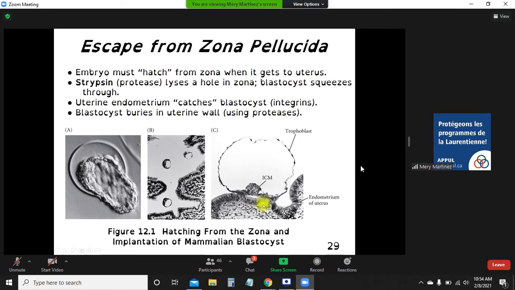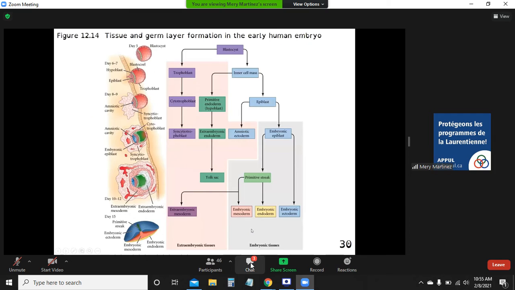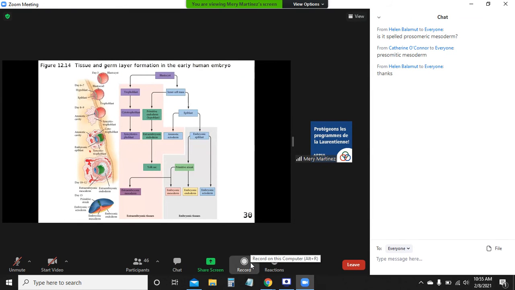Those proteases dig a hole in the extracellular matrix of the uterus, enabling the blastocyst to bury itself into the uterine wall. This is the part that some females have said they felt, when the blastocyst opens that hole in the uterine wall to nestle in. It seems very dramatic.